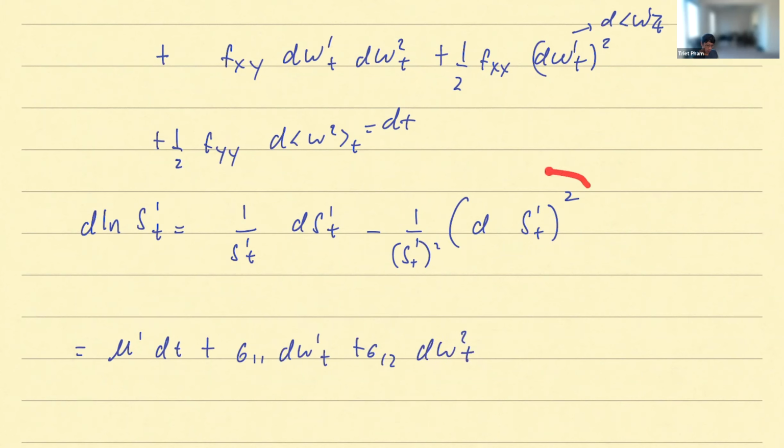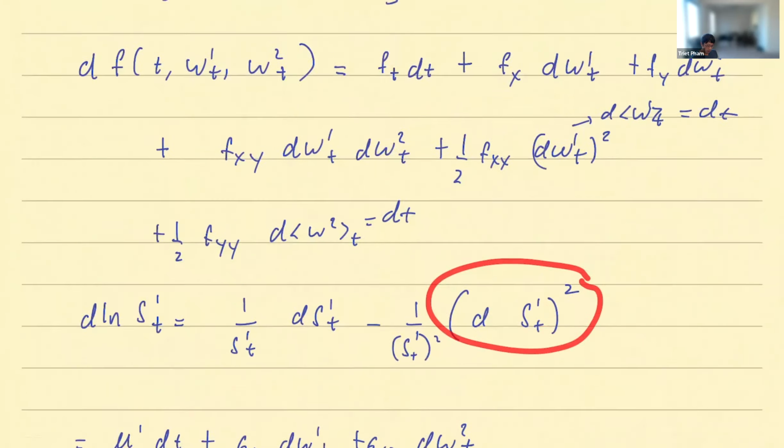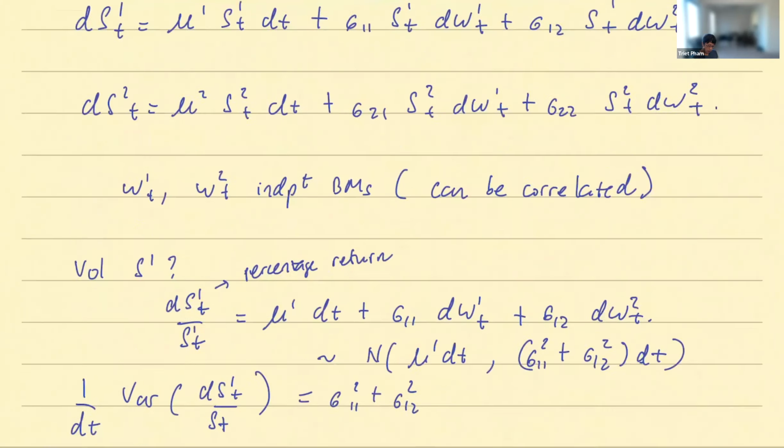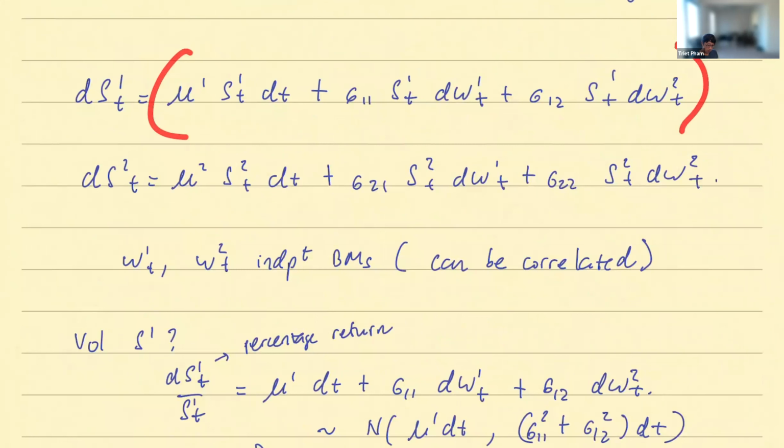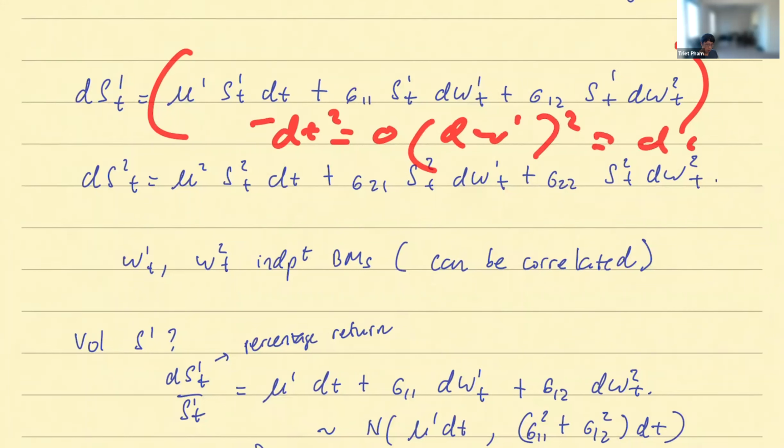What about the dS_1t squared? What that means is you take this whole thing and then you square it, and you use the usual calculus rule: dt squared is equal to 0, dW_1 squared is dt, dW_1 dW_2 is 0, dt dW_1 is 0.